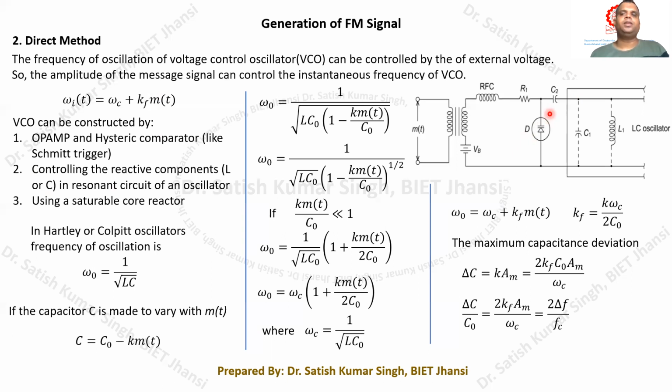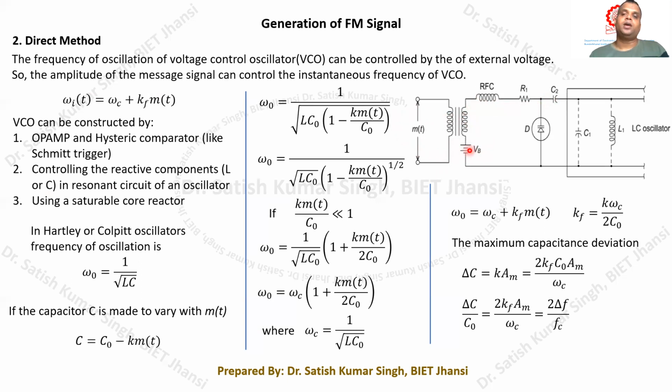In this tank circuit, we apply the message signal at this transformer terminal, and due to induction it appears in the secondary winding of the transformer, and then across this diode. Here we already have a particular DC voltage connected.